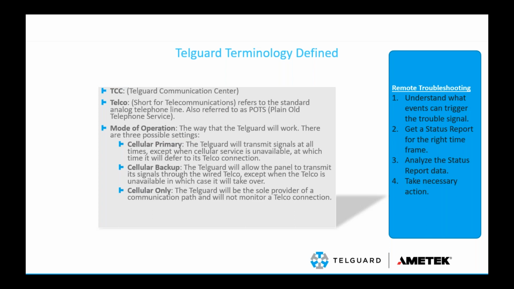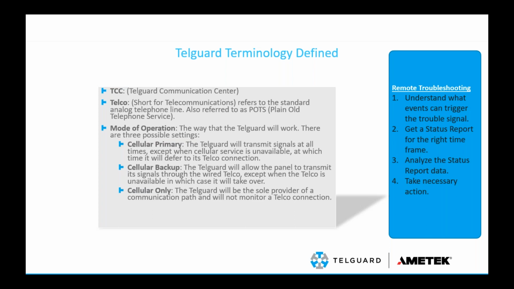A lot of people will have a unit that's doing SolPath and they will set it up as cell primary, because the cellular is the primary and in some cases the only means of communication. Well, primary in our sense, we're looking for a phone line to be connected to the bottom gray port.